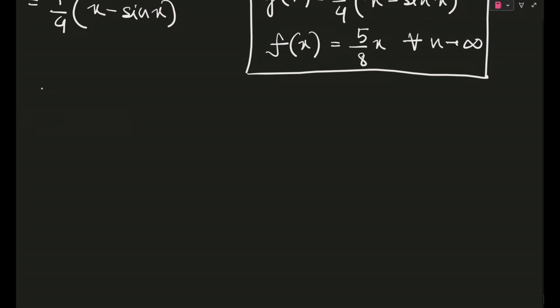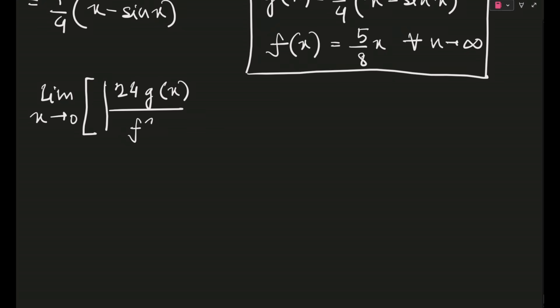First expression that was there is limit x tending to 0. There were two expressions. I am solving them one by one. So first expression was greatest integer function, and within that there was a modulus also, 24 g of x by f of power 3x, and also within the box function.